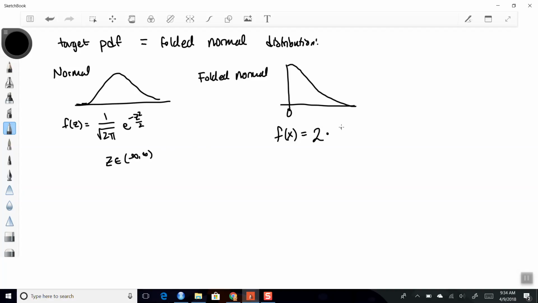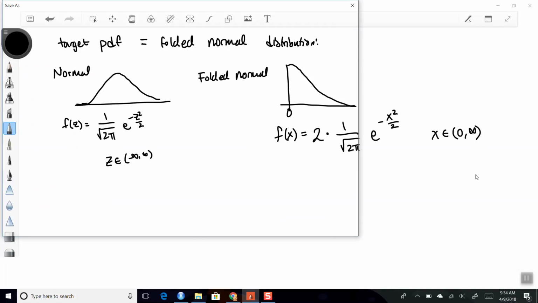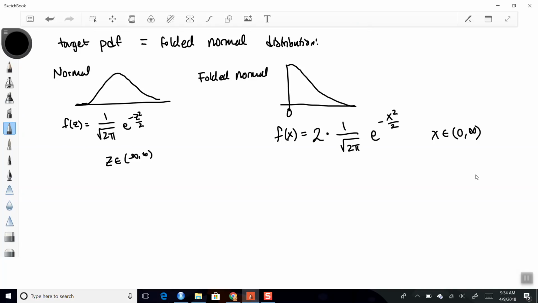Over here, it's going to be just twice as tall, 1 over root 2 pi e to the negative x squared over 2 for x on the interval 0 to positive infinity only. Does that make sense? Everybody's good with that? I want to make sure I'm not losing anybody yet.